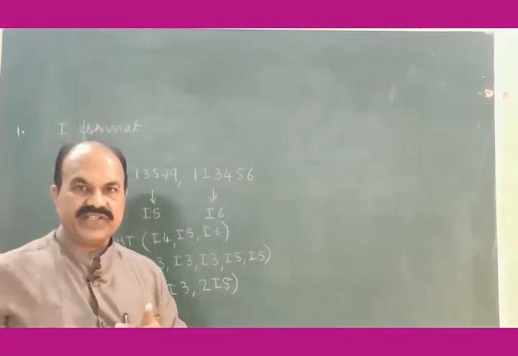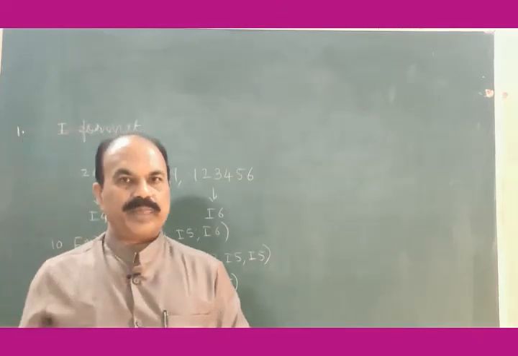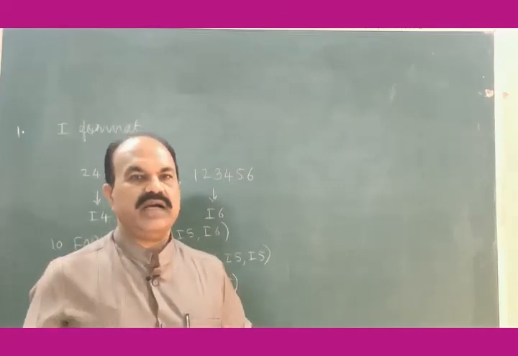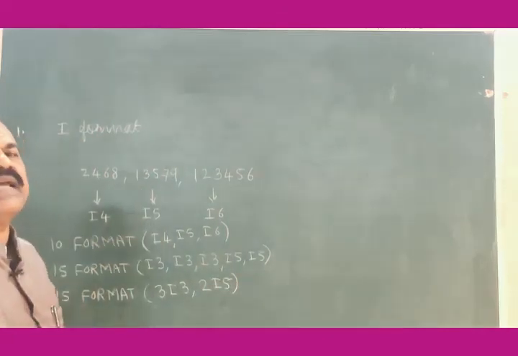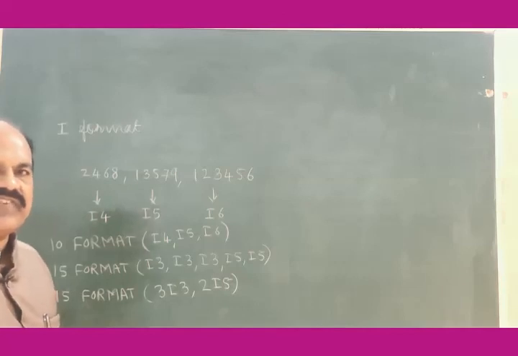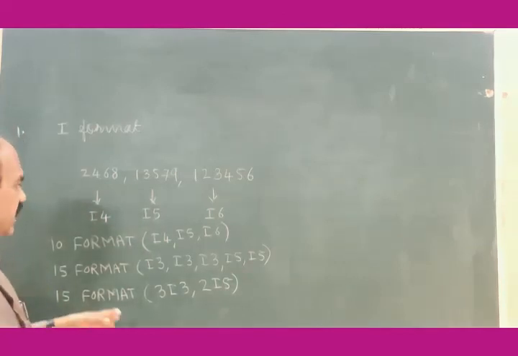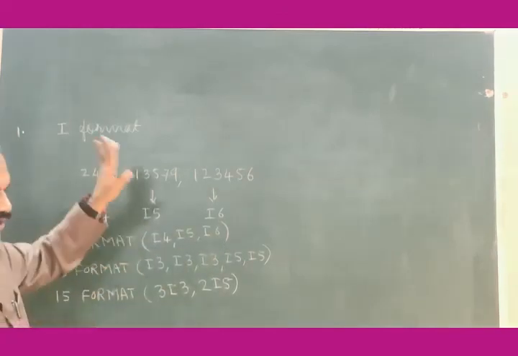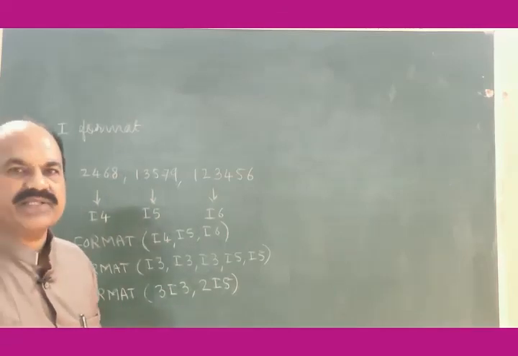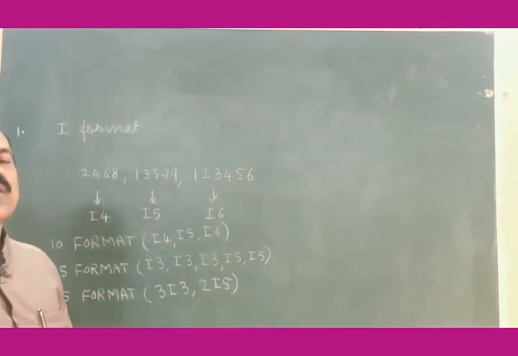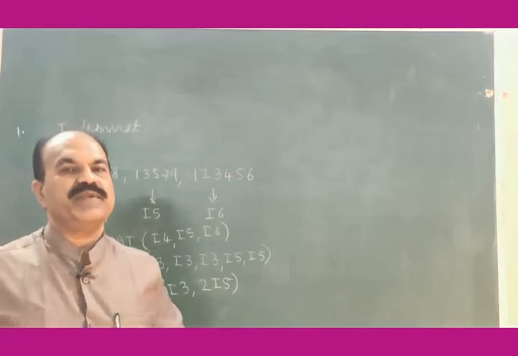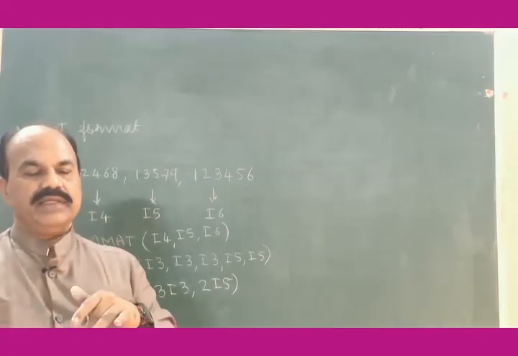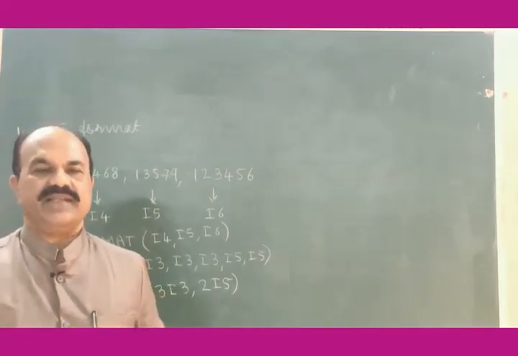I format is used for specifying integer input data, and these are some examples of specifying integer input data using this statement, this statement, this statement. You can have many more examples which will explain how this I format is used to specify the integer input data items.